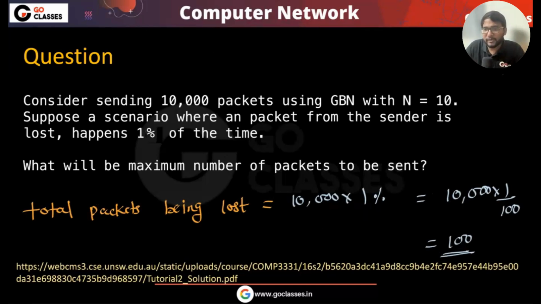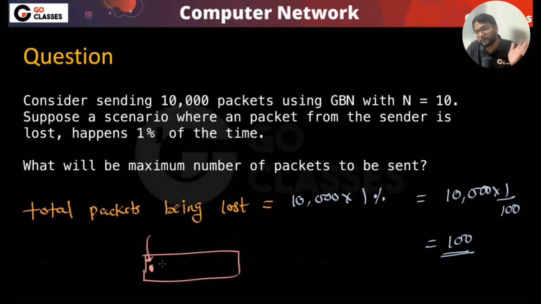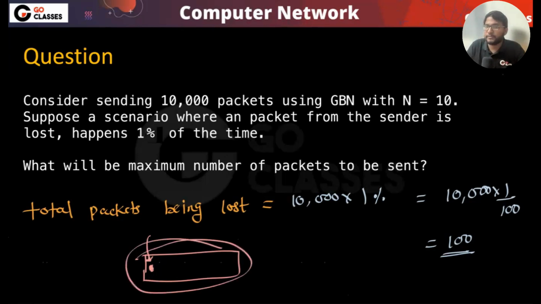But interestingly, it may so happen that every one of these 100 packets may lead to what is the maximum number of transmissions. These are the 100 packets which may be lost, but whenever a packet gets lost, it leads to retransmission of not just this packet, because the window will get stuck at this point, right? This one packet will lead to the retransmission of all of these 10 packets, right?